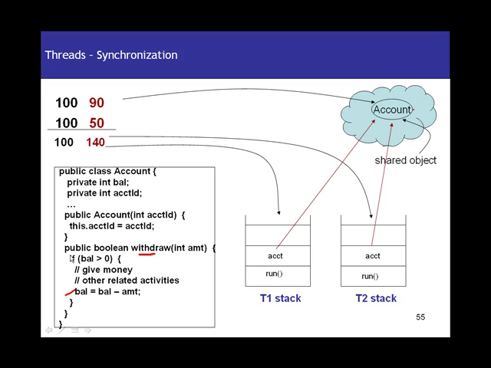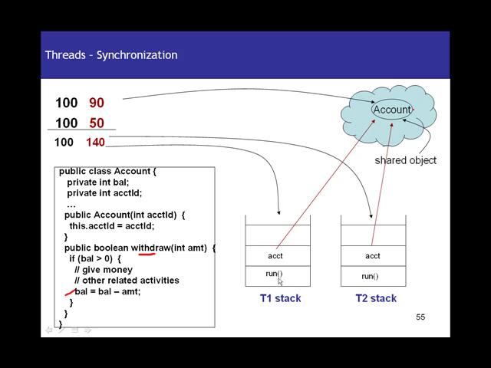So let's say that in my account class, both my withdraw method and my deposit method were synchronized, right? If T1 has a lock on the account object, it basically has a lock on all its synchronized methods. So even though T1 is currently executing the withdraw method, all the other synchronized methods on this particular account object are also locked right now, and T2 cannot enter any of the synchronized methods.